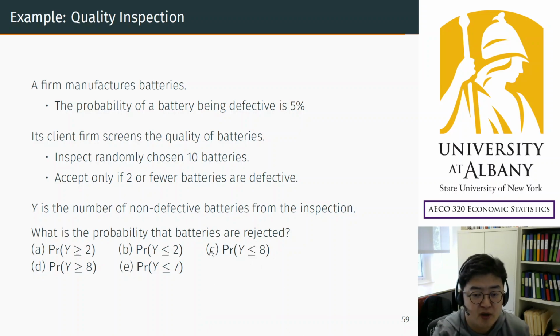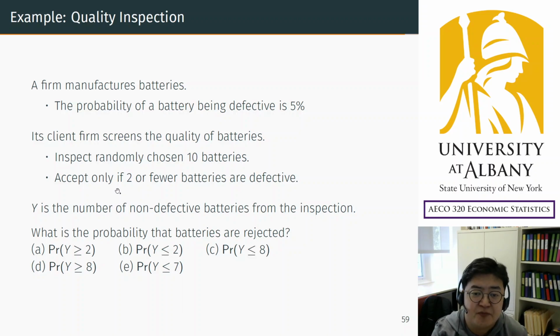Okay, so first you need to understand we are counting non-defective batteries. But the rule is what I said. I described the rule in terms of number of defective batteries. So if 2 or fewer batteries are defective, it is accepted.